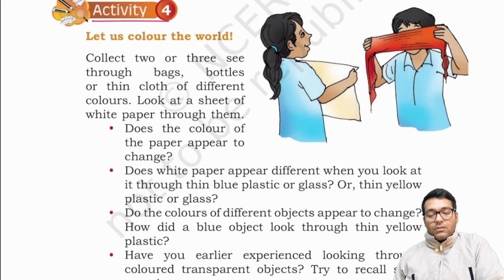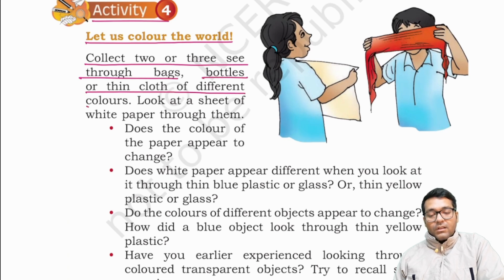Activity 4. Let us color the world. Collect 2 or 3 see-through bags, bottles, and thin clothes of different colors. Look at a sheet of white paper through them. Does the color of the paper appear to change?